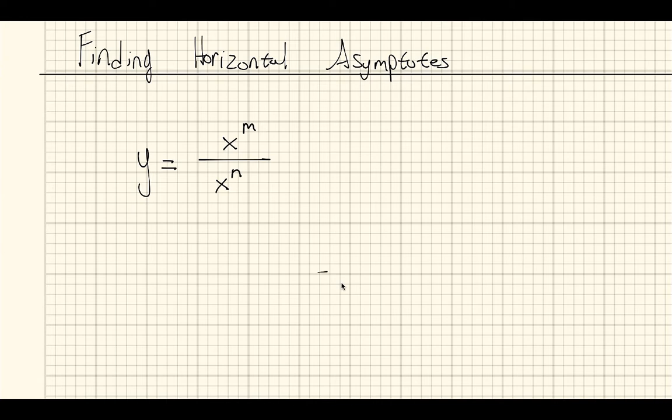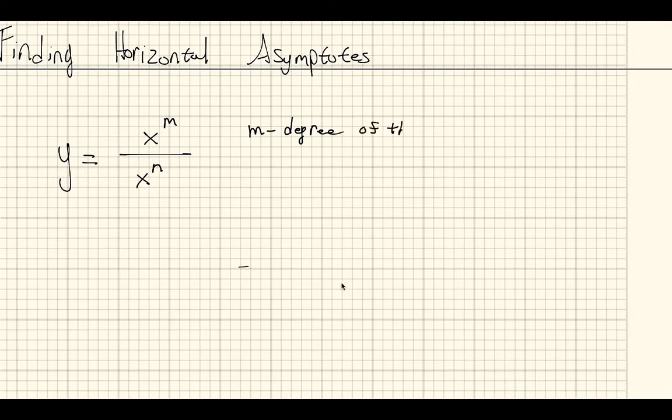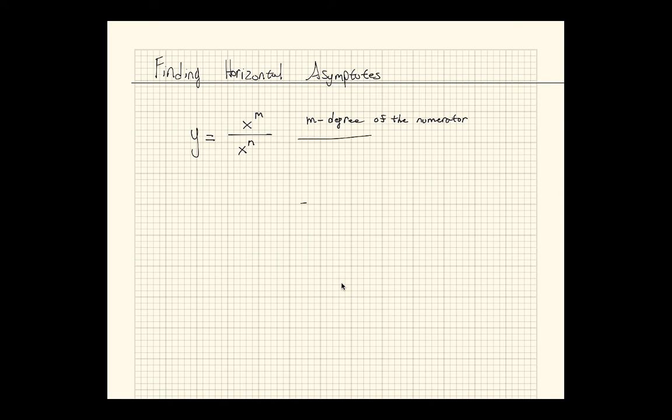Here's what these m and n represent. m is the degree of the numerator, and n is the degree of the denominator. So we have the degree of the numerator and the degree of the denominator.